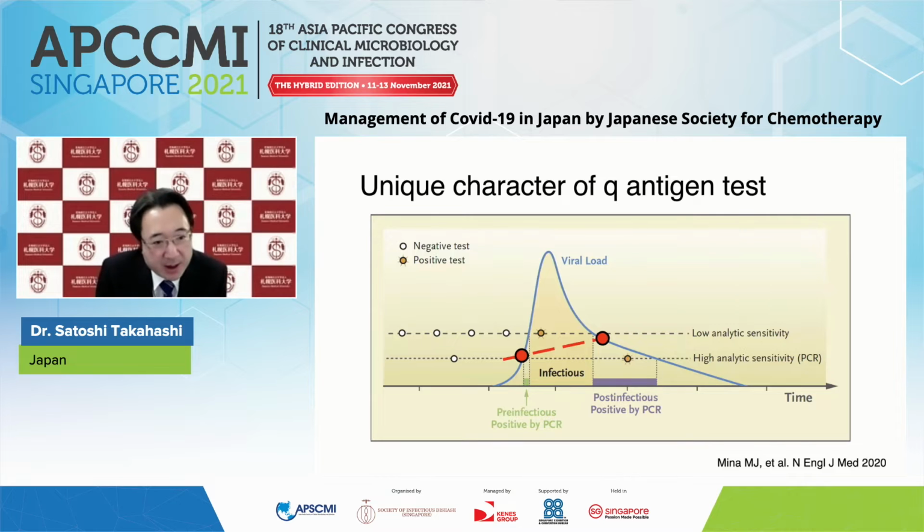Therefore, I understand the character of the quantitative antigen test. When it is a short time from onset, the result is similar to PCR. However, long after onset, it is a different result from the PCR test. It's a very interesting characteristic of the quantitative antigen test.